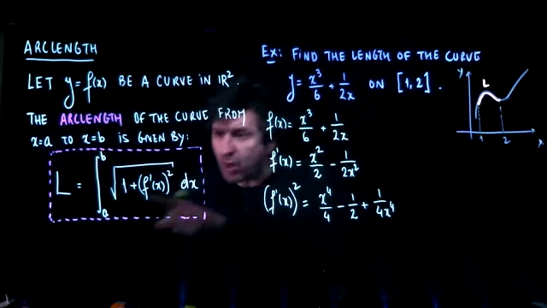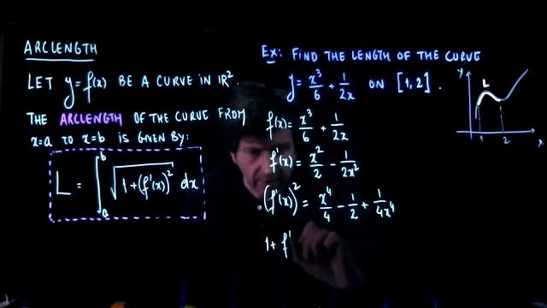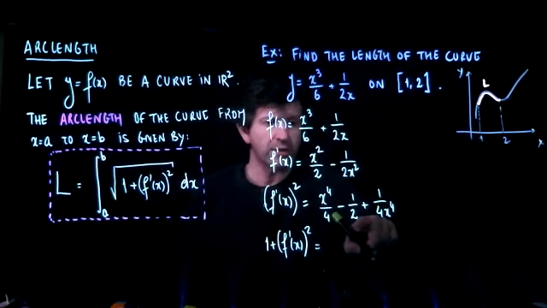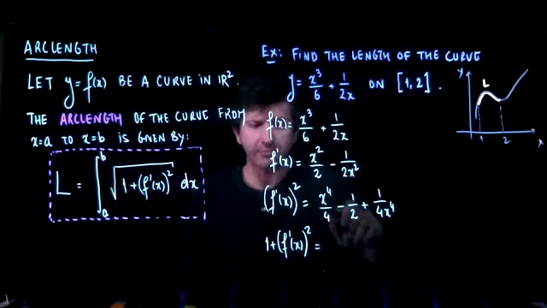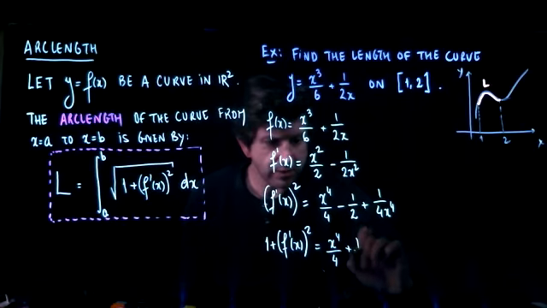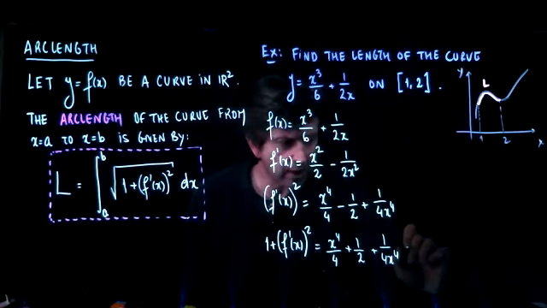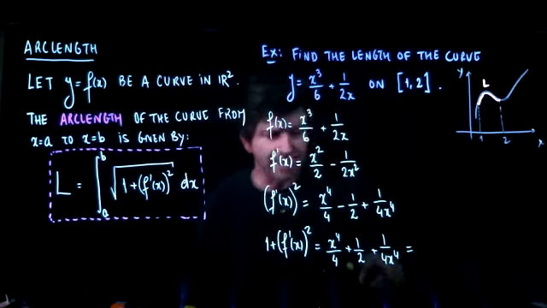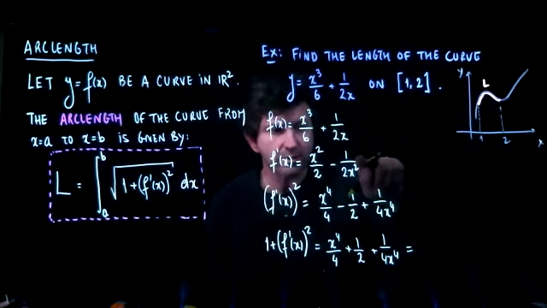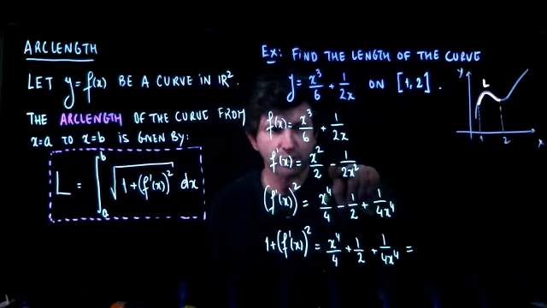And then I'm going to add 1 to it. So slowly I'm building the inside of the root. If I add 1 to this, I get the same thing, but it's plus 1/2: x to the 4 over 4 plus 1/2 plus 1 over 4x to the 4. And this is exactly, so if you square this, you get that. If instead of being a minus it was a plus, this would have been a plus as well.